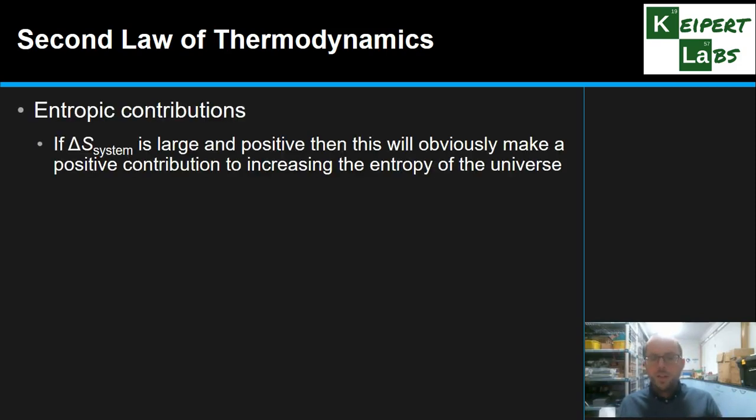So, looking at the way that entropy works, if we have a change in the system entropy that's large and positive, that is, a big increase in entropy, then the entropy of the universe is going to get bigger. Even if the surroundings decrease a bit in their entropy, if the system gets a lot bigger, overall we're talking an increase in entropy in the universe.